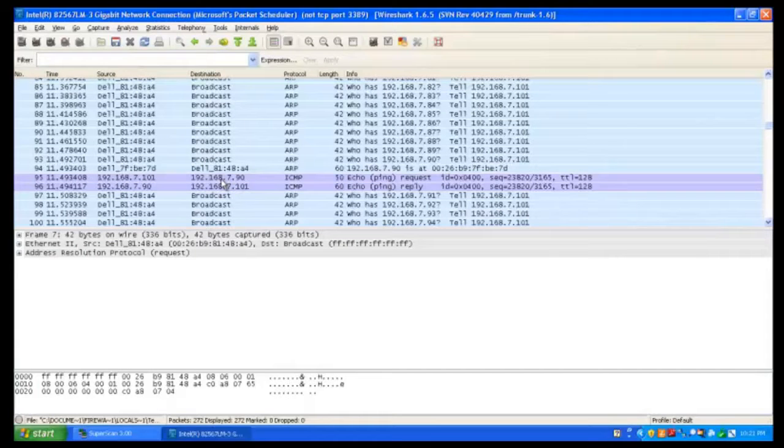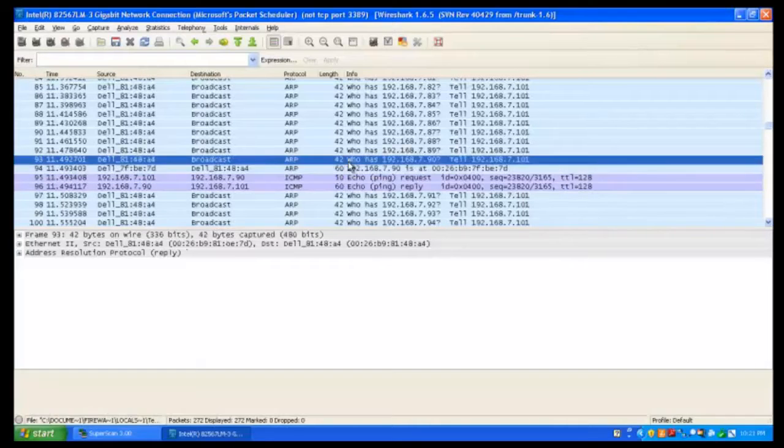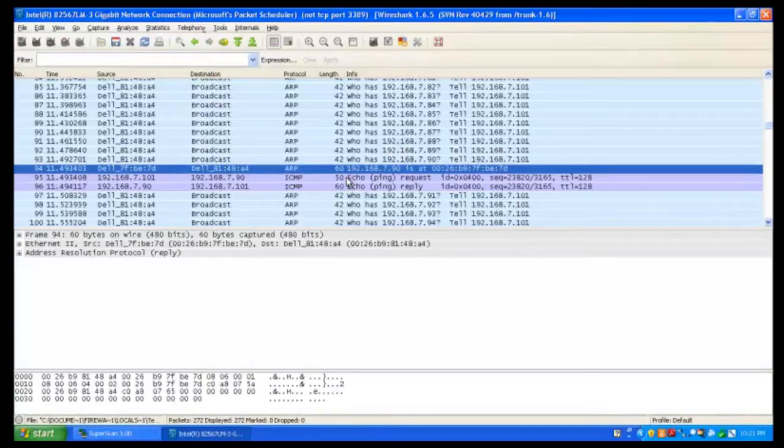And here we get a reply here, who has 7.90, and notice this is the ARP request, this is the ARP reply, and now we have the information here.